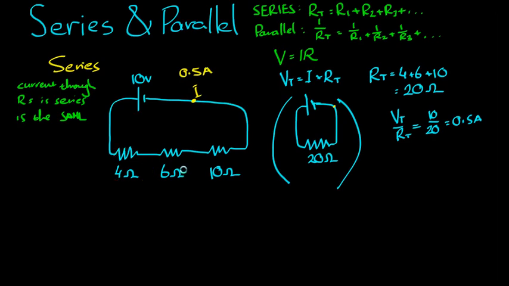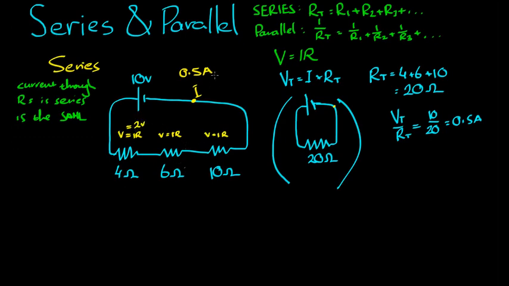If that really is the current flowing through each of these components, since the current is the same for every resistor in series, we can apply Ohm's law now to each individual resistor. V equals IR. In this case, that's 0.5 times 4, or 2 volts.